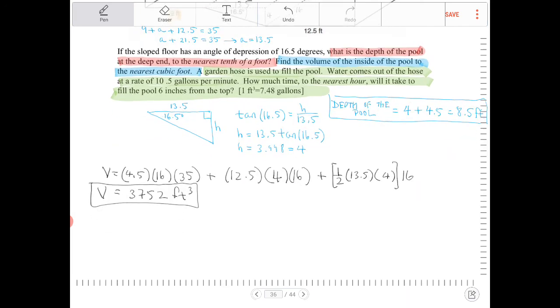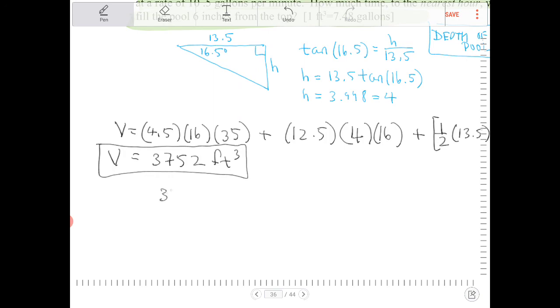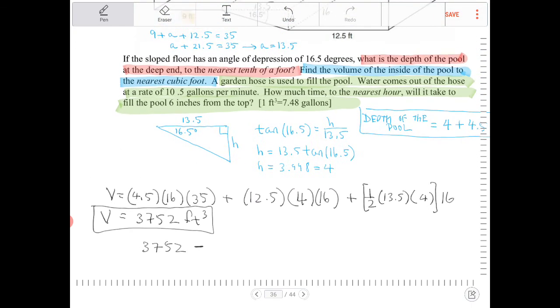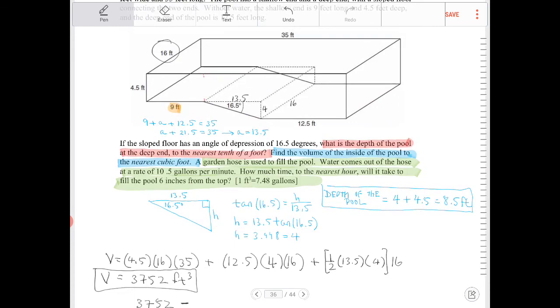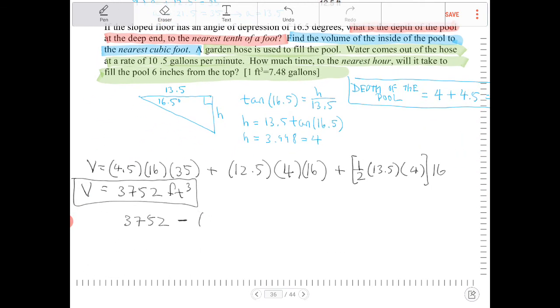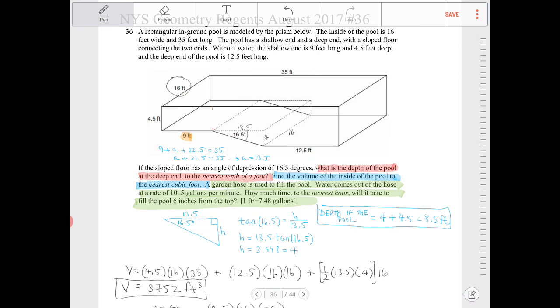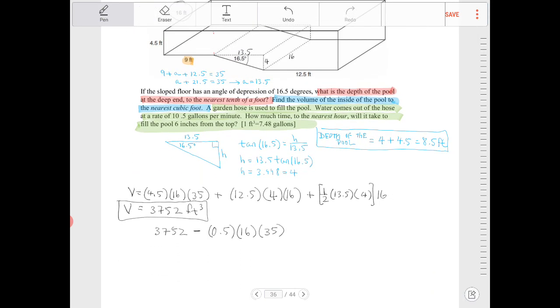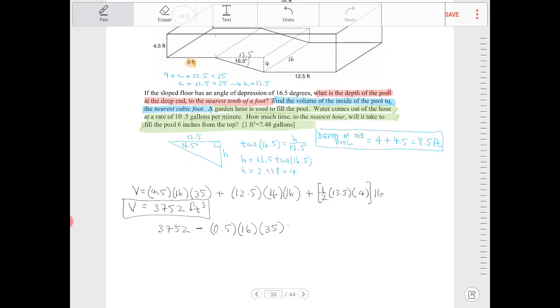So that means I will need to subtract 6 inches from the top of the volume that I have right now. 6 inches is really half a foot, right? So 0.5, that's the height, times the width, times the length. So I am going to shave off that much from the total volume of the pool. So 3752 minus 1/2 of 16 times 35.